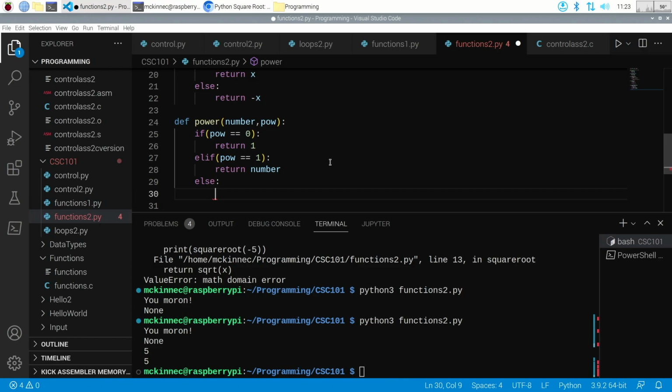But what would I do if, let's say, I had a number to the second? How do I want to think of that? Let's take a larger number for sake of demonstration. What is 2 to the 4th? 2 times 2 times 2 times 2, right? Which happens to be 16.